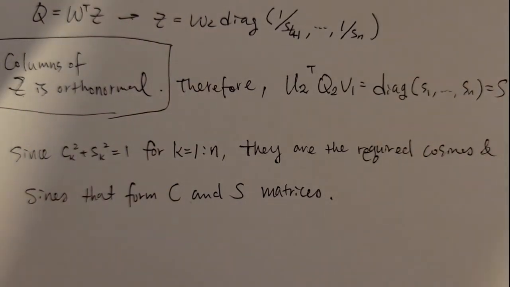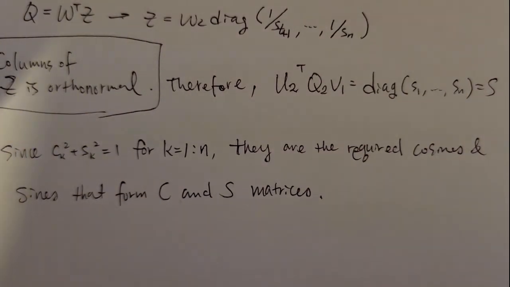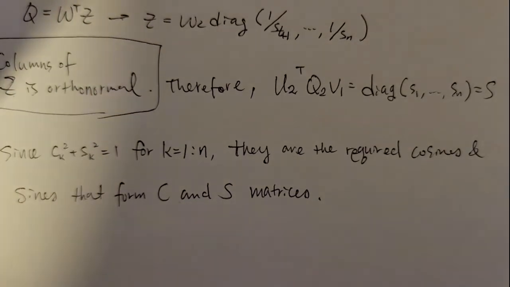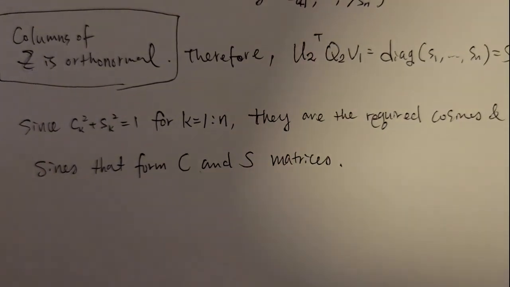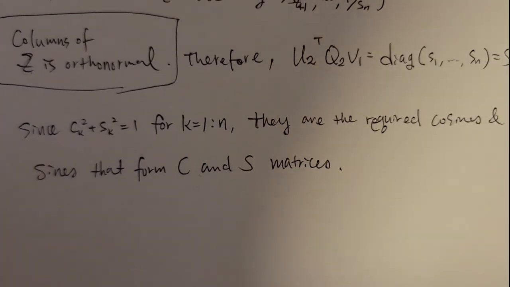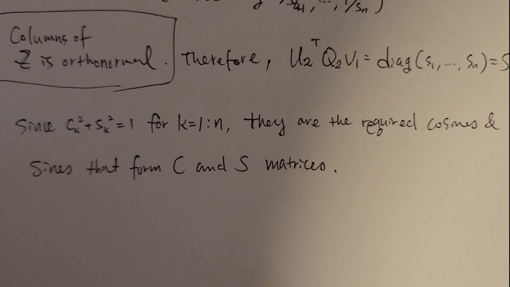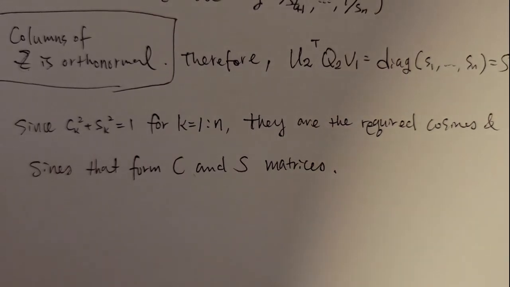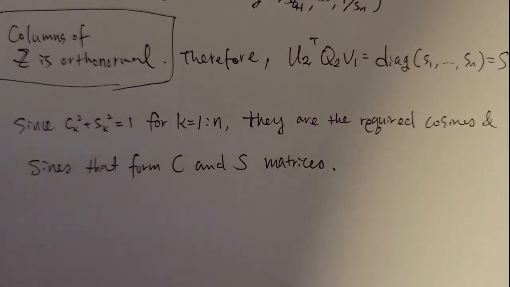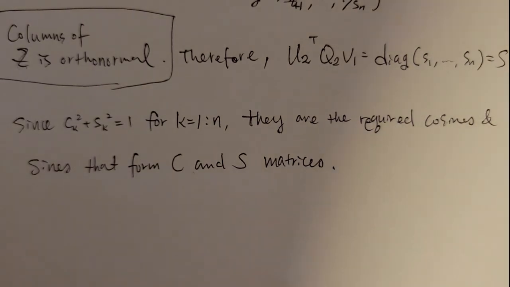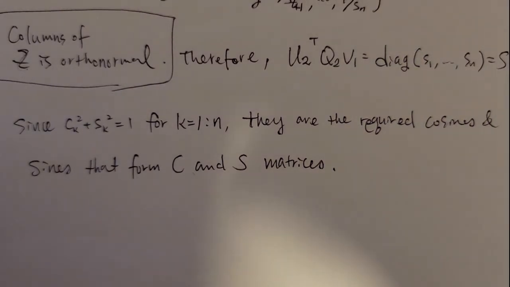Therefore, U2 transpose times Q2 times V1 equals the diagonal of S1 through Sn, which is matrix S. Since C sub k squared plus S sub k squared equals 1, because of the properties of orthonormal columns that we showed above, for k equals 1 through n, they become the required cosines and sines that form matrix C and matrix S. And that concludes the proof.